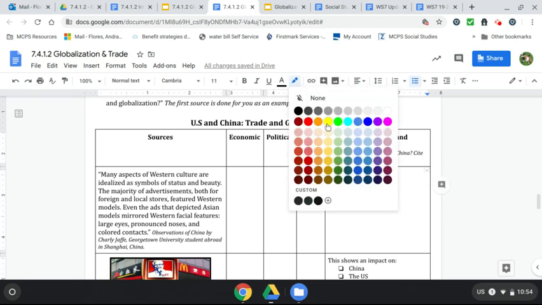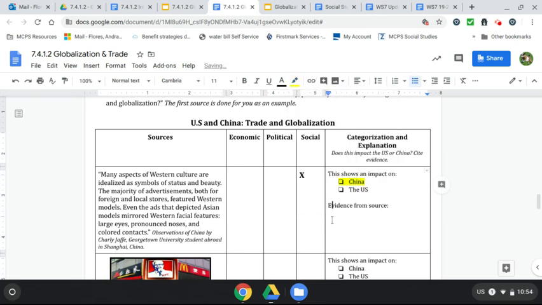So I'm going to highlight China. My evidence for this is it shows here the majority of advertisements featured Western models. So I'm going to copy that. I'm going to put in a quotation mark, paste it, and end with a quotation mark. And that is my evidence from that source.